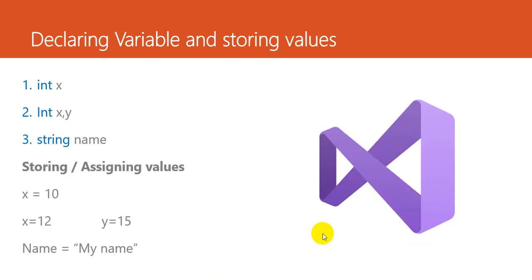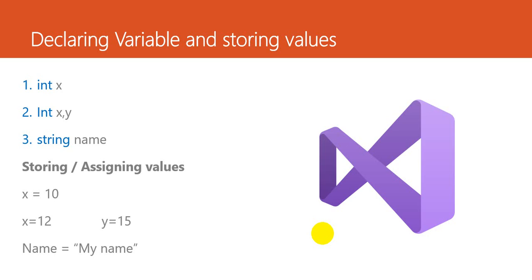Okay, how we declare a variable and store values in C Sharp. Here you can see in blue int. It represents an integer value. This is a reserved word, and it is already recognized by the .NET framework. If we declare int, and after that we declare a variable, x is a variable.